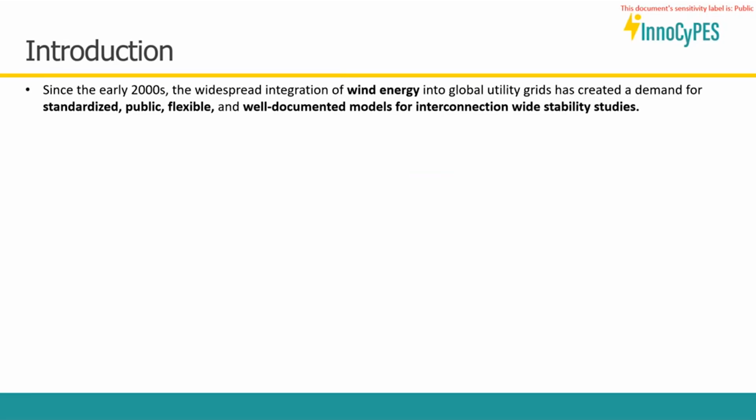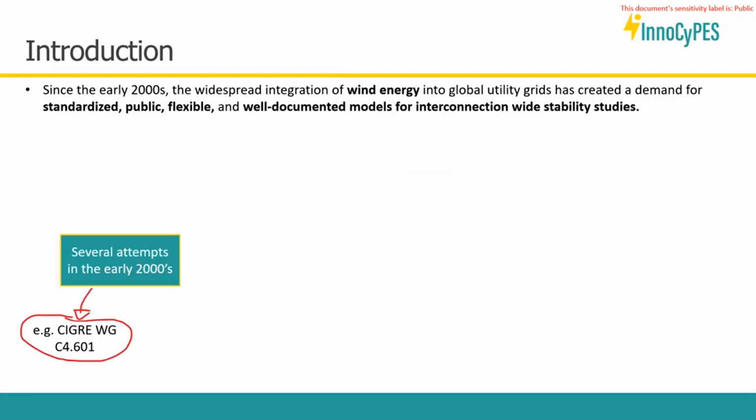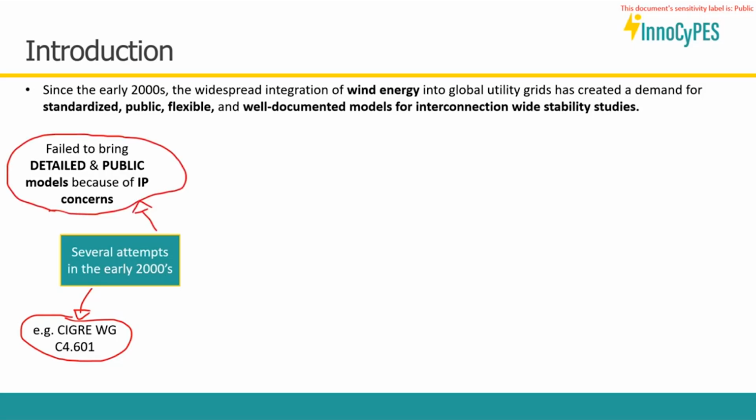Given this demand, there were several attempts in the early 2000s to come up with a standardized, public, flexible, and well-documented model. There were many initiatives. One of them was the CIGRE working group C4.601. They tried, but they failed to bring a detailed and public model because of IP concerns.